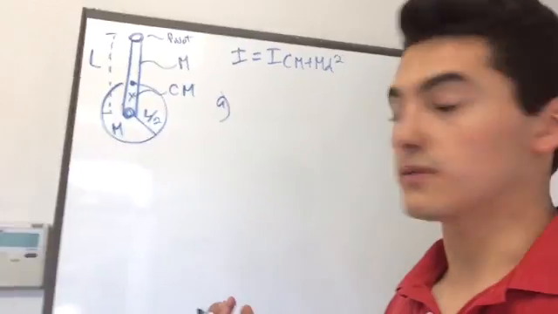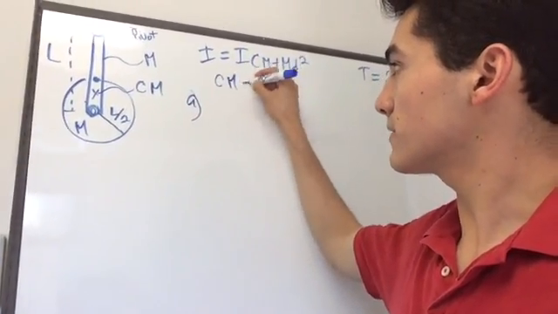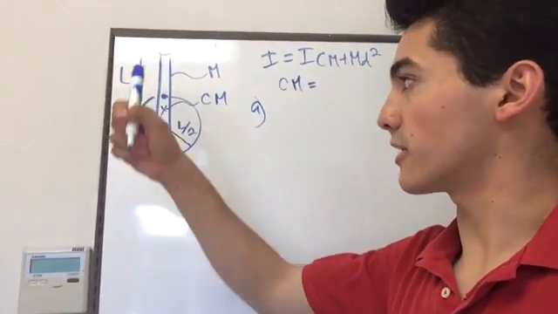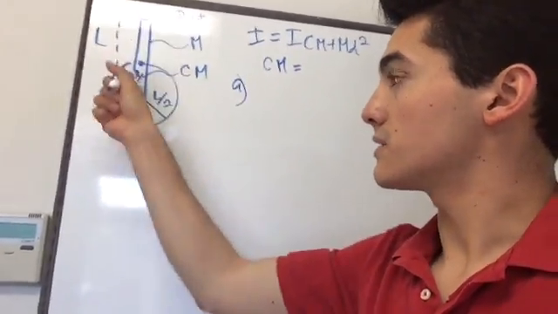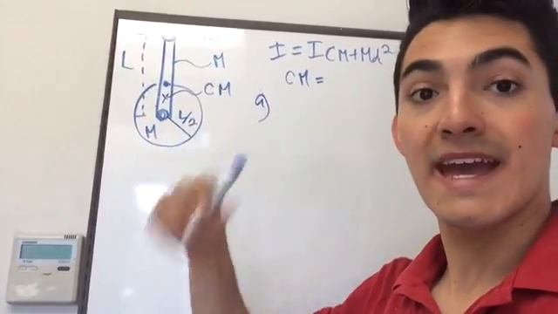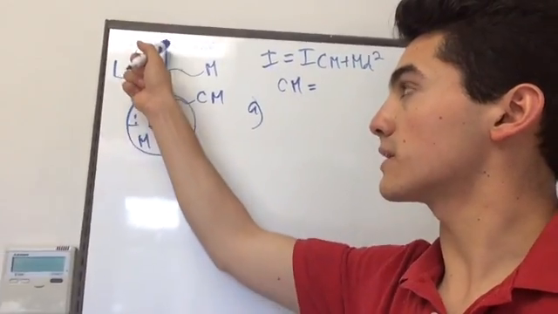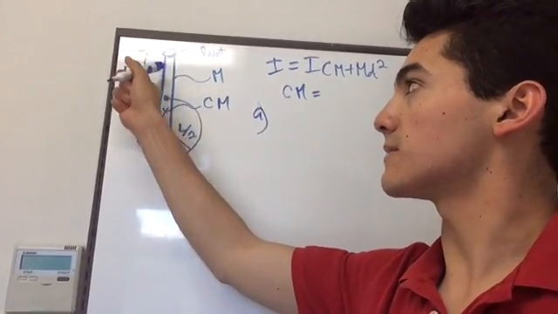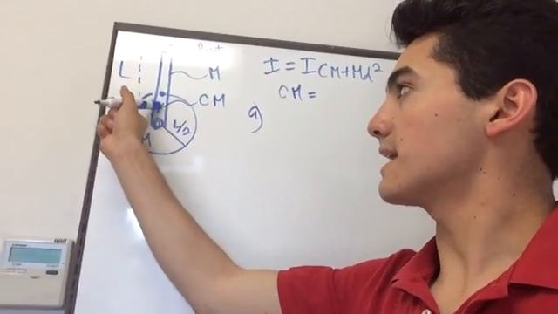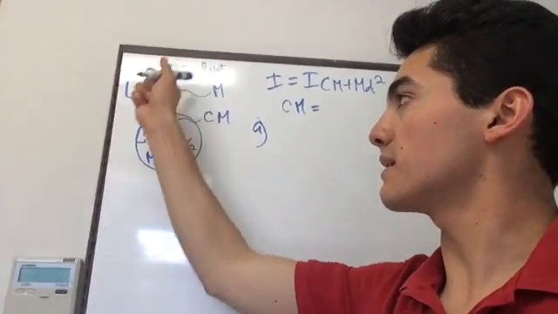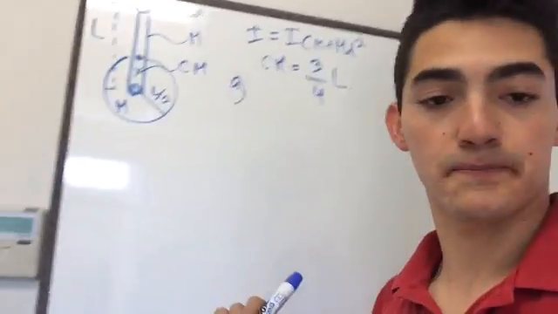So we first have to obtain the center of mass. It's not the half of the rod. It's 3/4, because we can divide the rod in 4, 1, 2, 3, and 4, and the center of mass is 3 parts from the pivot, 3/4 of the length.